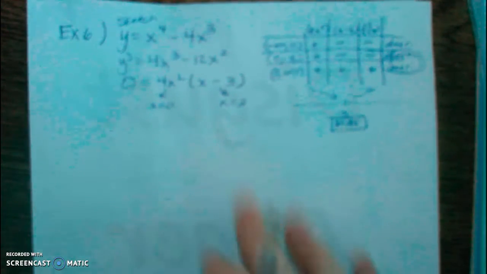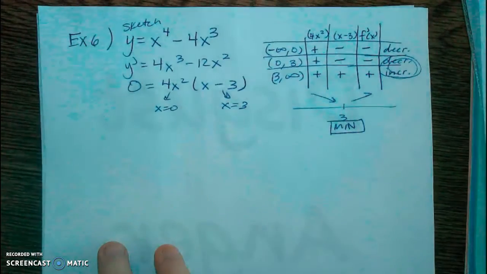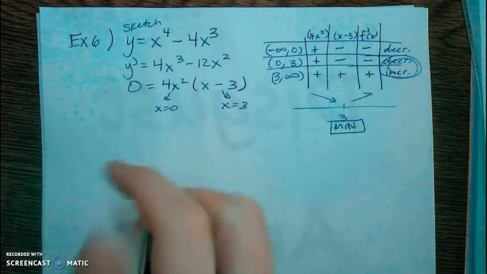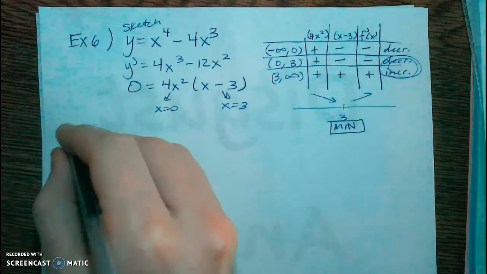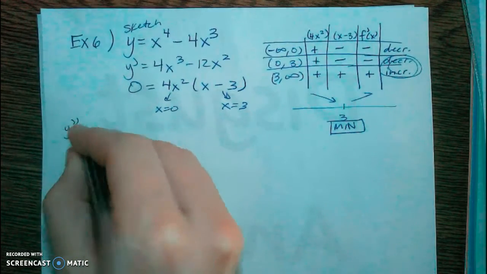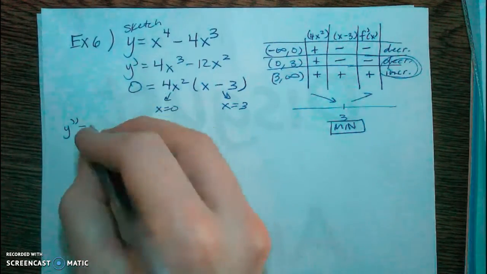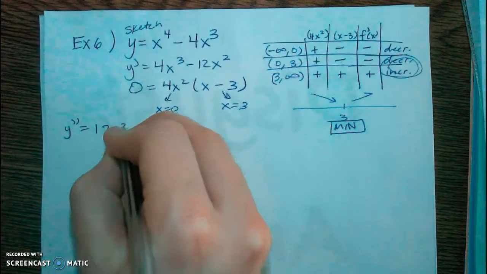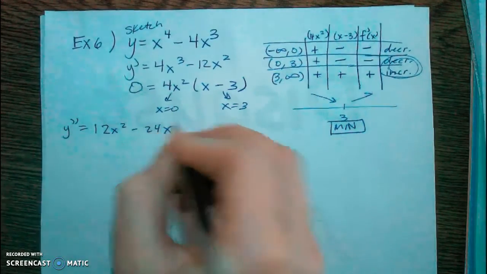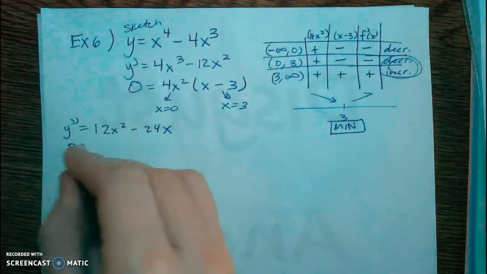Then we're going to look at our second derivative to find inflection points and make a table for concavity. So we're going to find the second derivative by taking the derivative of the first derivative, which would be 12x squared minus 24x. And then we're going to set this equal to 0.